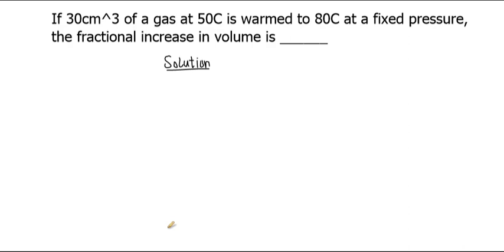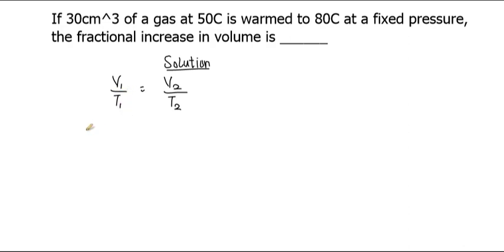And to do that, we'll be using the equation derived from Charles's law, which is V1 over T1 equals V2 over T2. So subscript 1 here refers to the initial value, while 2 refers to the final values. V and T refer to the volume and the temperature of the gas.